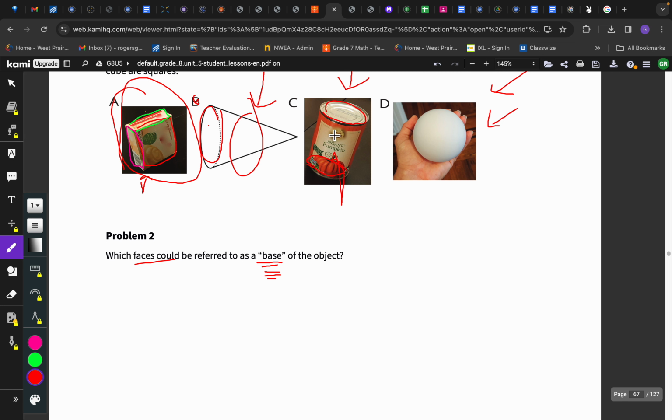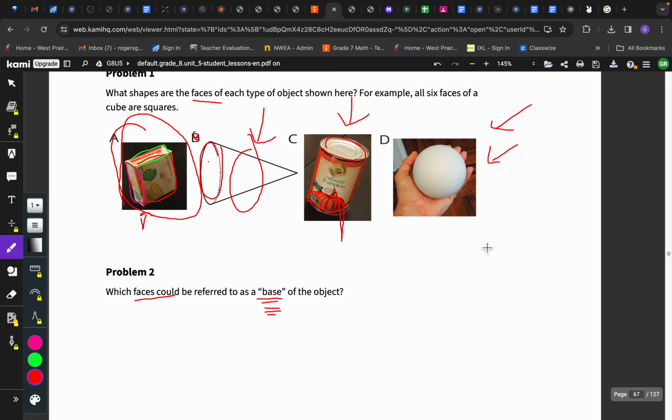But the base of C is also a circle. And then letter D. This one's a tricky one. Can you guess what the face of this one is? The face of this one, maybe you can guess, is actually a circle.